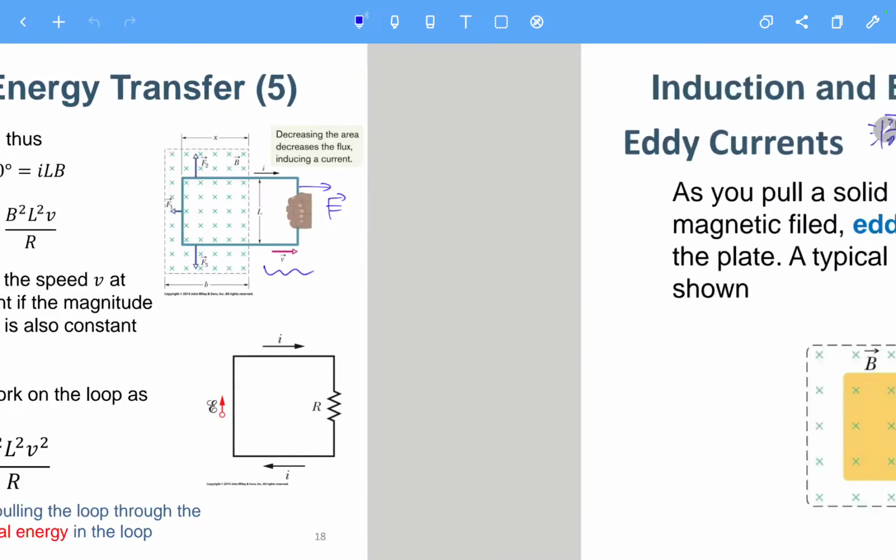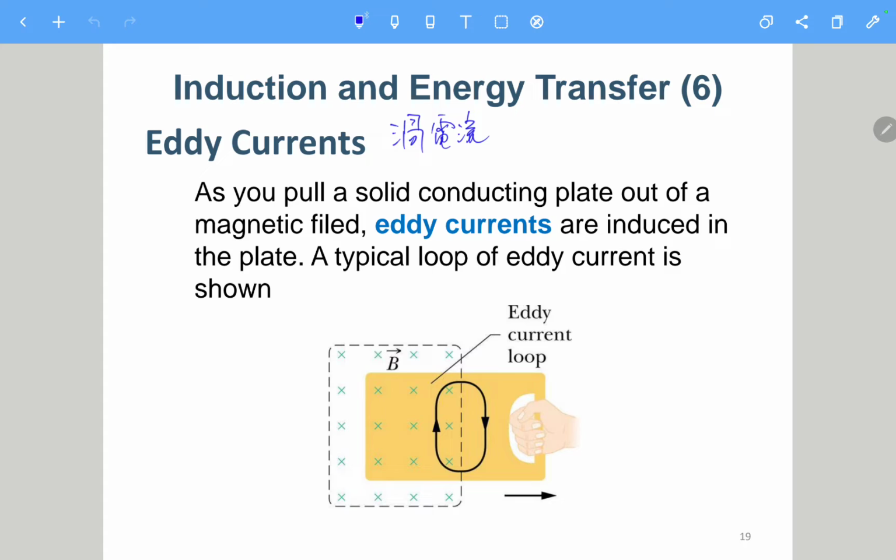So if you try to pull this thing out, there will be a force dragging your plate back. So there will be a force pointing to the right side if you try to move this thing out of the B field, and still there is some current rotating inside the plate.